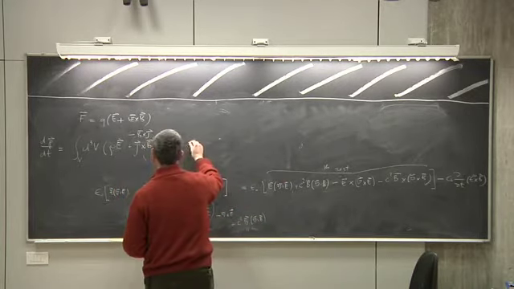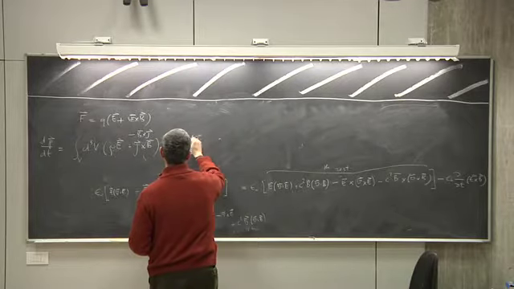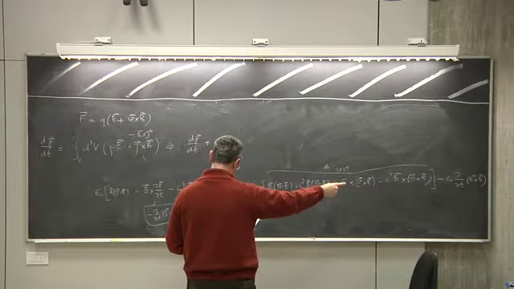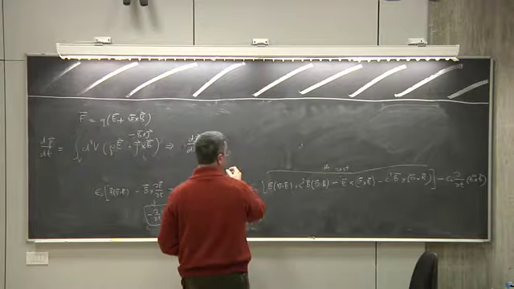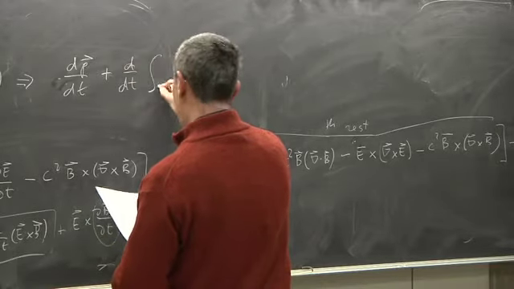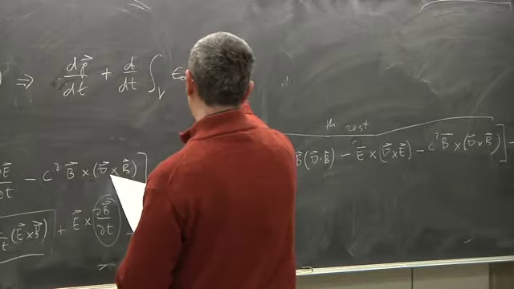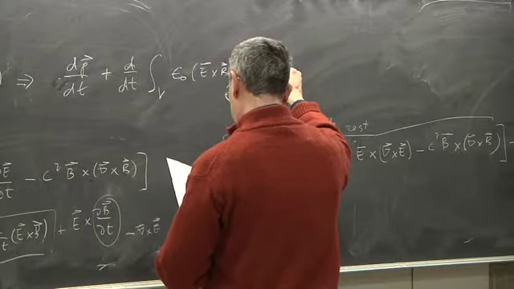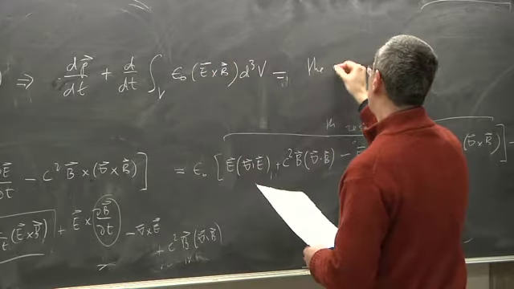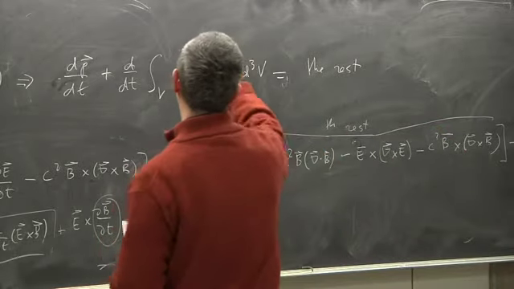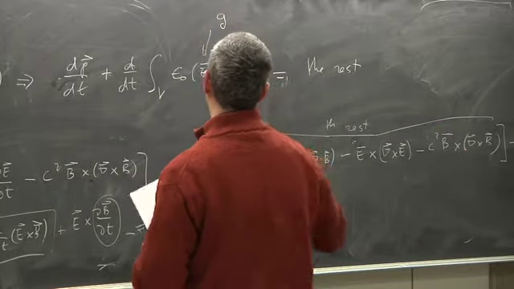So let me pull it out. So I get dp/dt plus this term here, that you see I can write as d/dt of the integral over volume of epsilon naught E cross B, right, is equal to the rest, this stuff here. Now this is nice because it looks like the Poynting vector almost, right?